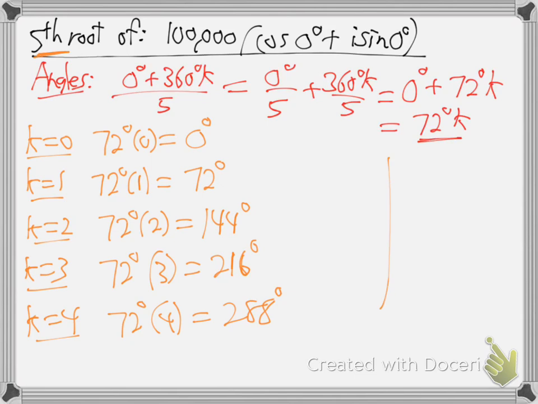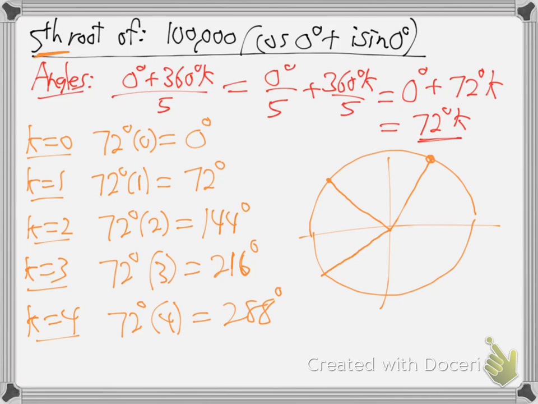Real quick, like Chanel was saying, if you break this up around the unit circle, it's perfectly symmetric. 72 degrees is about right there, and then 144 is right there. 216 is right there.